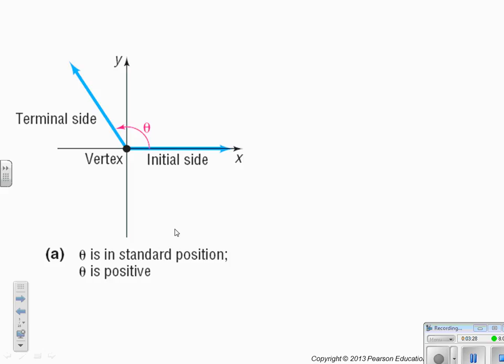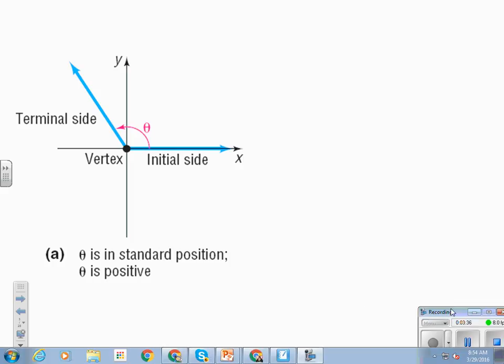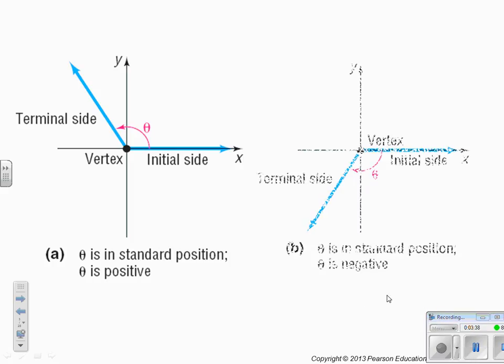And this is called standard position, and theta is positive, because if we're going counterclockwise, we're positive. So if we are in standard position and theta is negative, then it bumps our theta angle clockwise.